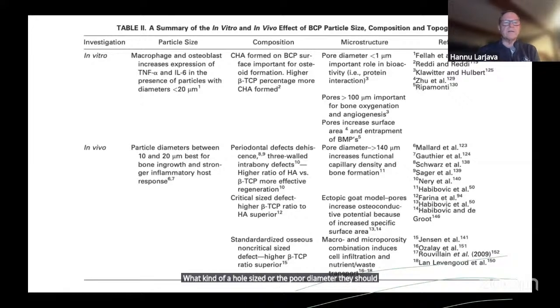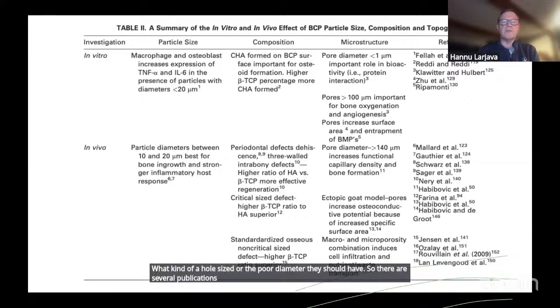There are several in vitro publications looking at different diameters of the particles in general, and also the macro and micro pore size in these particles that may play a role.